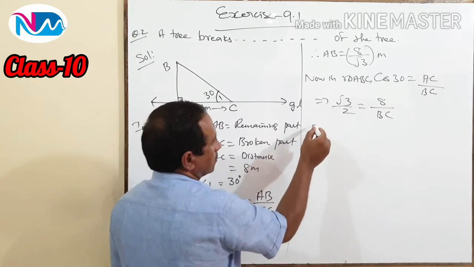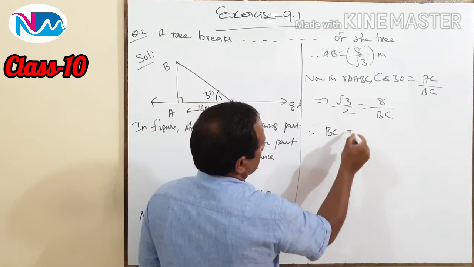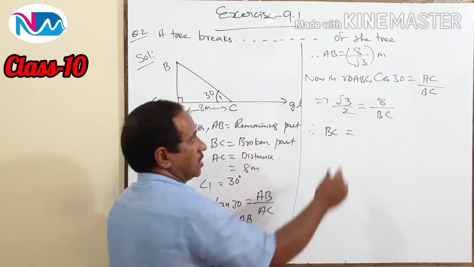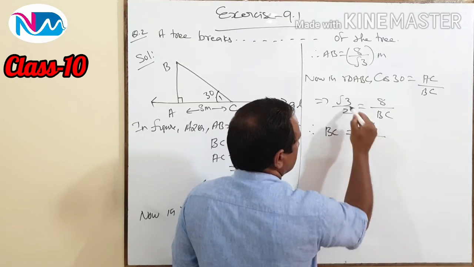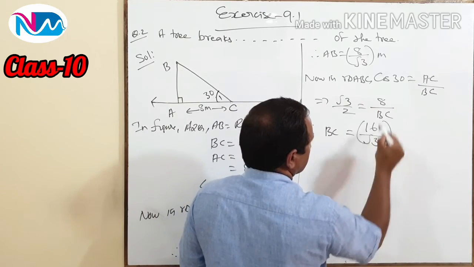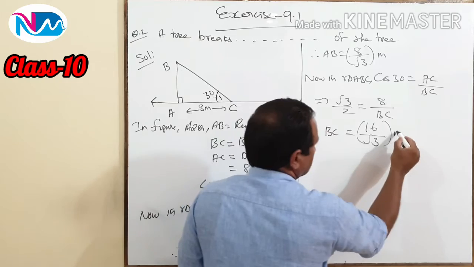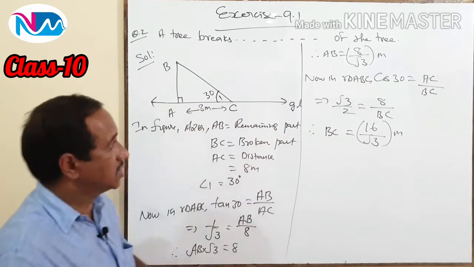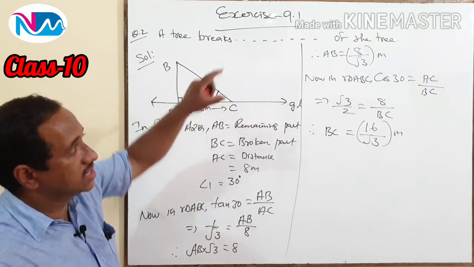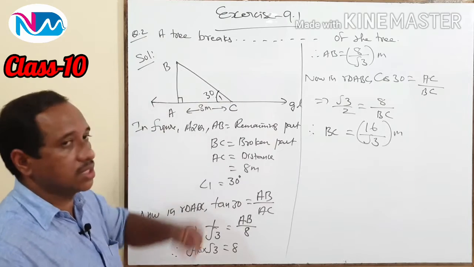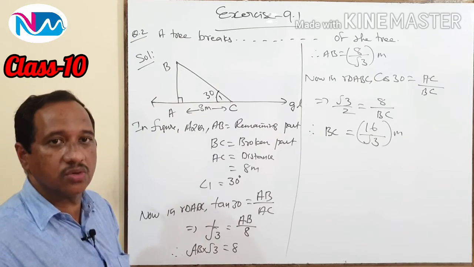Cross multiplying we get BC is equal to 8 into 2, 16 divided by root 3 meter. So we have a remaining part AB is equal to 8 by root 3 and the broken part BC is equal to 16 by root 3.